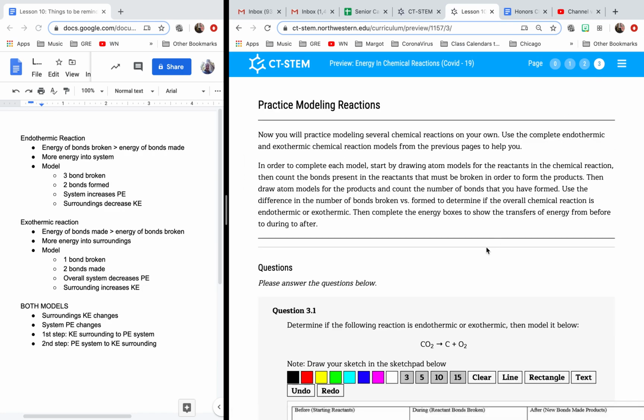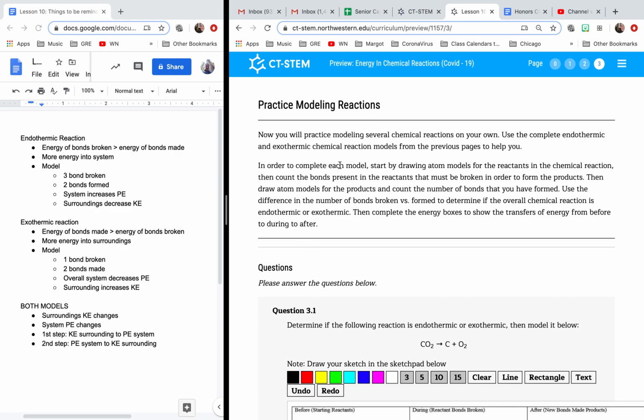For page 3, you're asked, now you will practice several chemical reactions on your own. Use the complete endothermic and exothermic chemical reaction models from the previous pages to help you. So they're saying use the information from the models before to help us sketch these models.